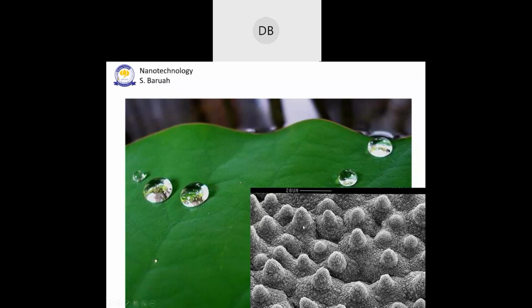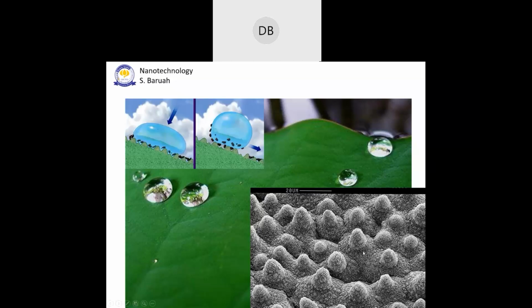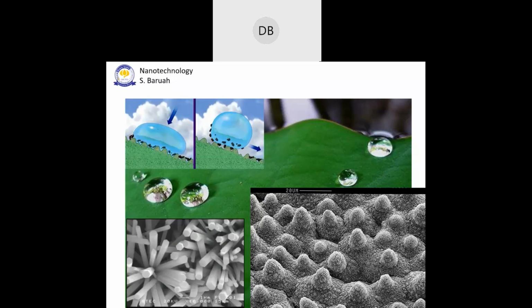If you zoom in on this particular one, I couldn't find an image to show you, but what you see here, these mounds, are like hair-like structures all over. There are small hairs on these, and these hairs are in nanometric sizes, maybe 10 to 20 nanometers in diameter or even less, and there are many of them jutting out.